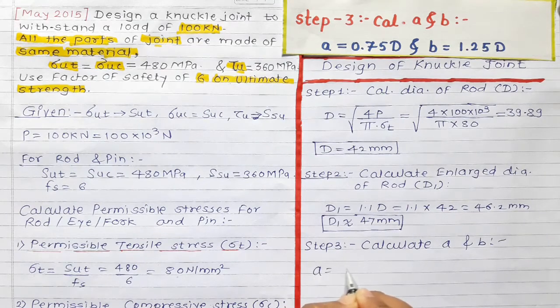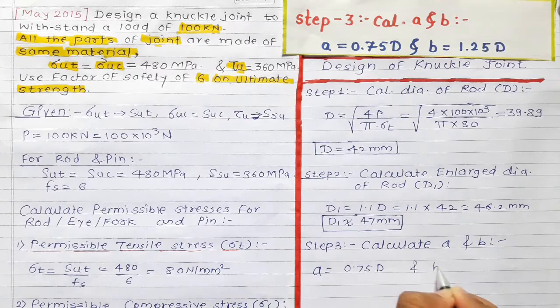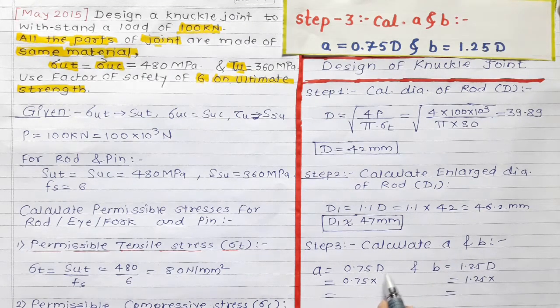A is equal to 0.75 d and B is equal to 1.25 times capital D. Now let us put the value of D in this equation and calculate the answers. Here the value of diameter of rod, that is capital D, is 42. So let us put the value of 42 here and here, and calculate the values of A and B.